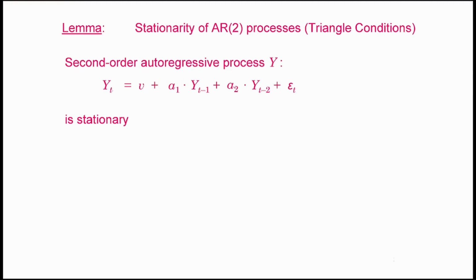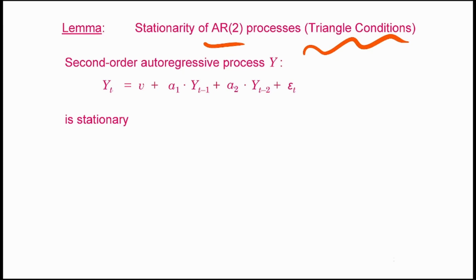There's a different way to establish stationarity for second order processes, and that's going to also be an option for you. So if you have second order processes, just check whether the so-called triangle conditions are satisfied or not. If all of them, there are 3 of them, are satisfied, then the process is going to be stationary.